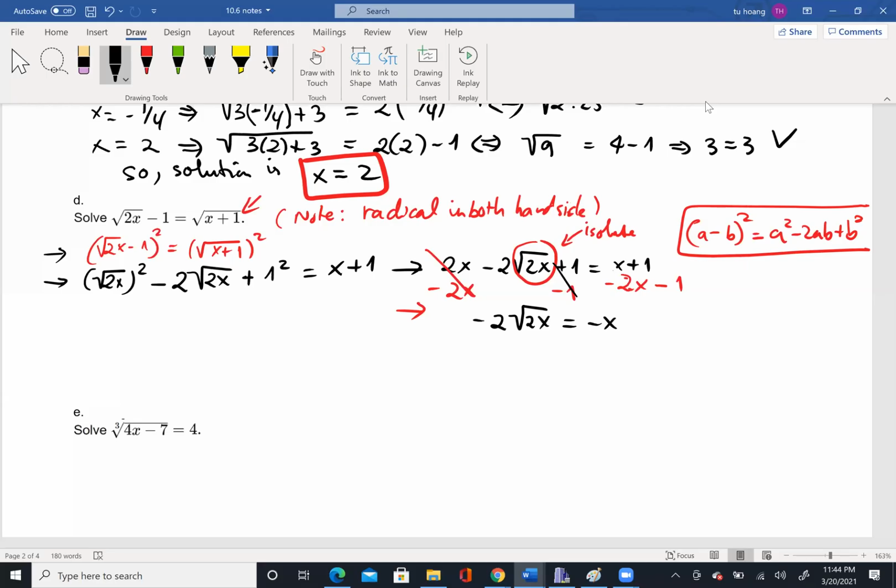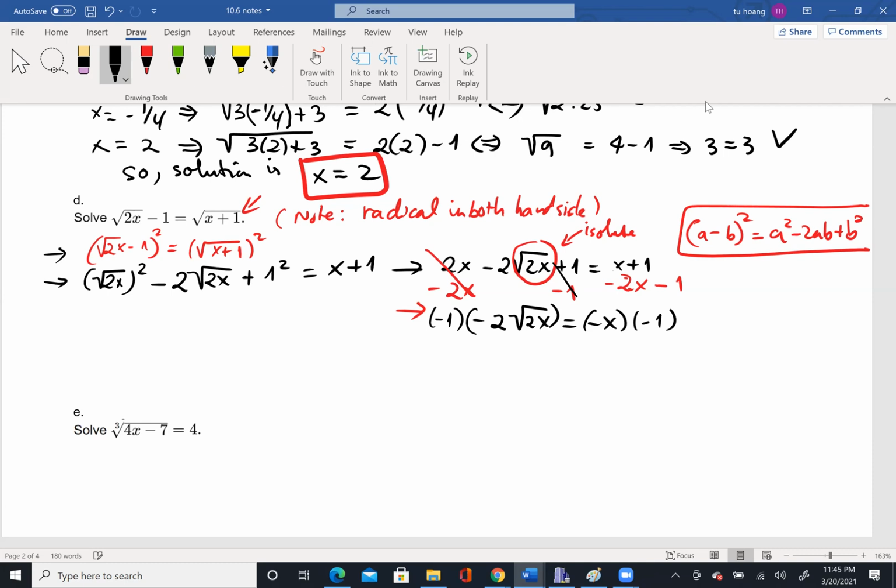No, actually, you know what? I will keep this negative 2 here. Actually, I'm going to multiply by negative 1 on both sides to cancel this negative.